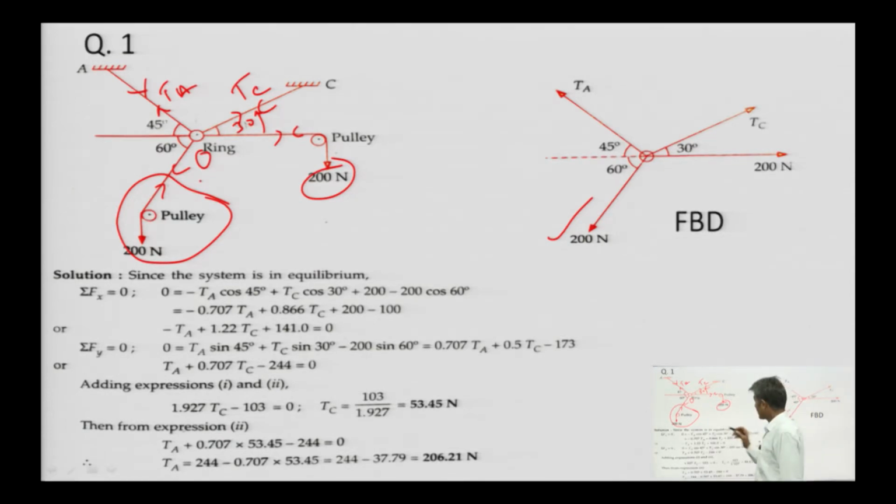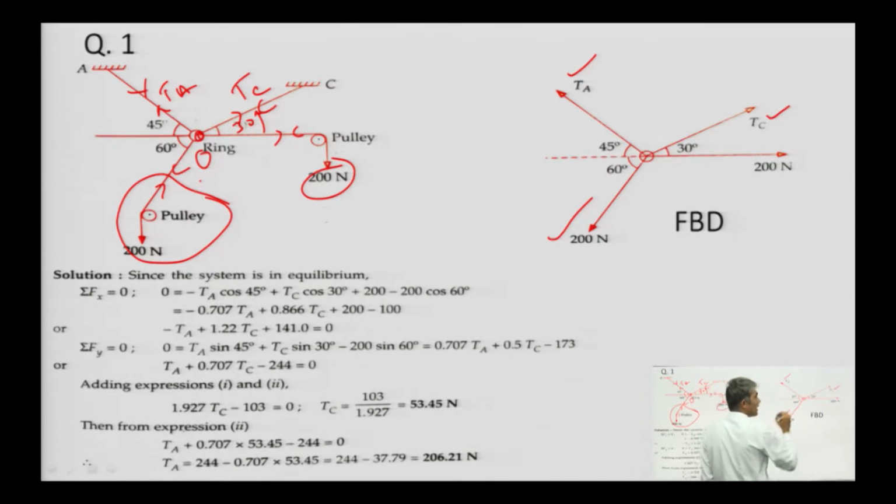This is the free body diagram at this ring. With the help of this free body diagram, we can calculate the value of T1 and the values of TA and TC. We can apply the equilibrium equations sigma Fx equal to 0, sigma Fy equal to 0 at this point.